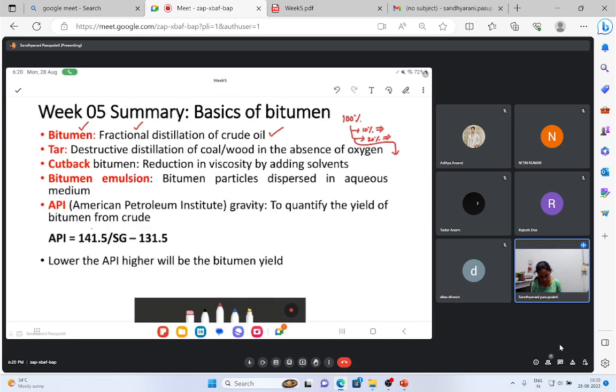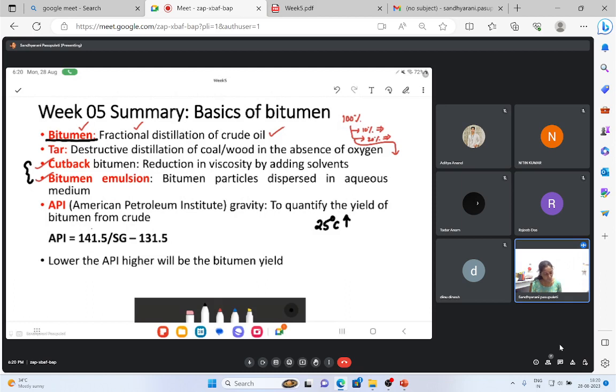So this bitumen has been obtained from the fractional distillation of crude oil. But if you take tar, though we call bitumen and tar synonymously in India, this is obtained from the destructive distillation of coal or wood. This is not from the crude oil. And the cutback and bitumen emulsion, usually these two are obtained from bitumen. So let us say the bitumen is very stiff at 25 degrees temperature. In order to make it softer, what do we do? We usually increase the temperature.